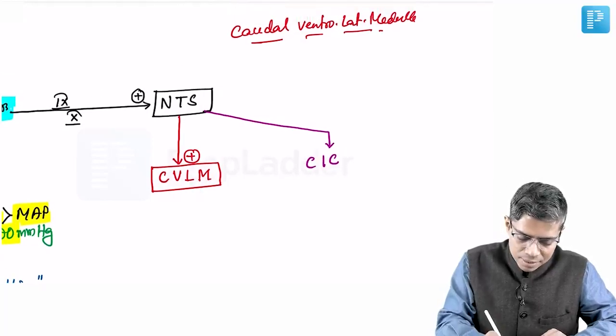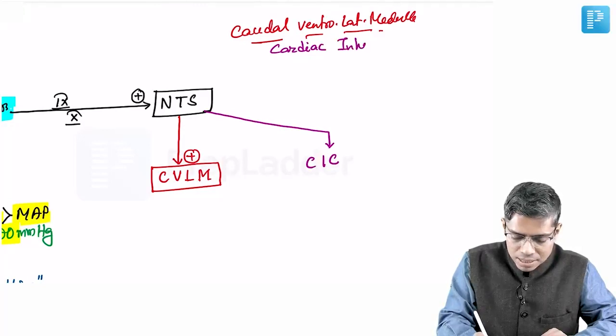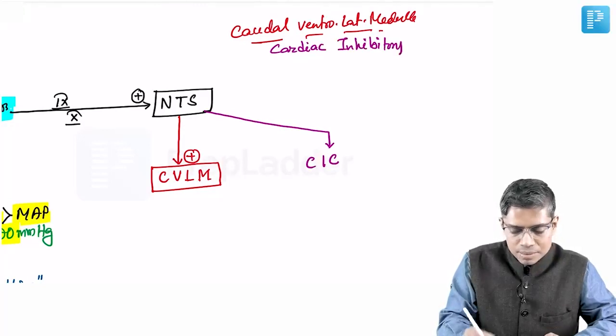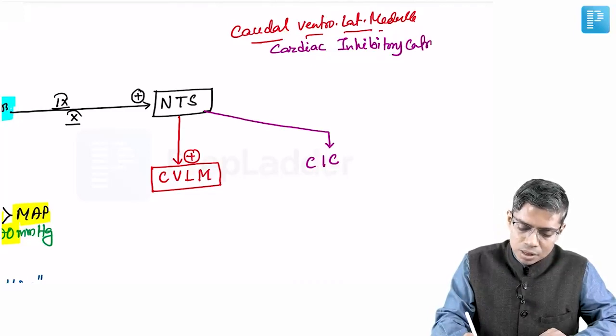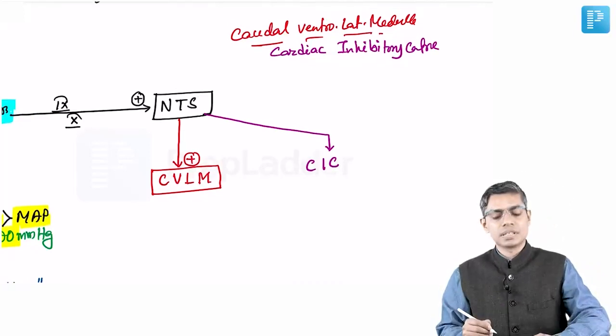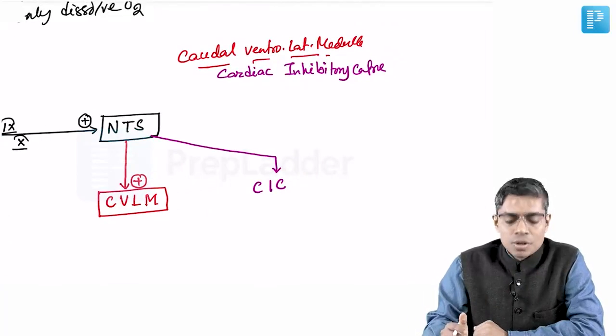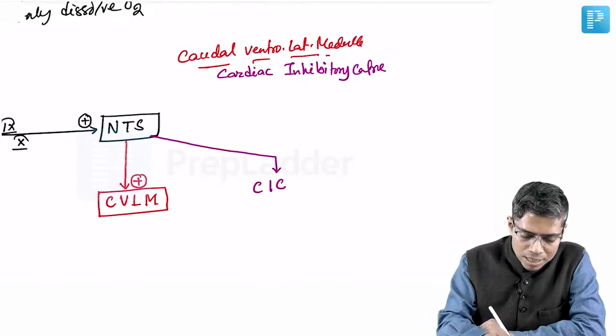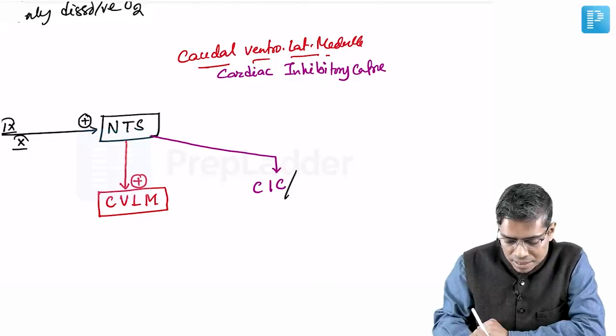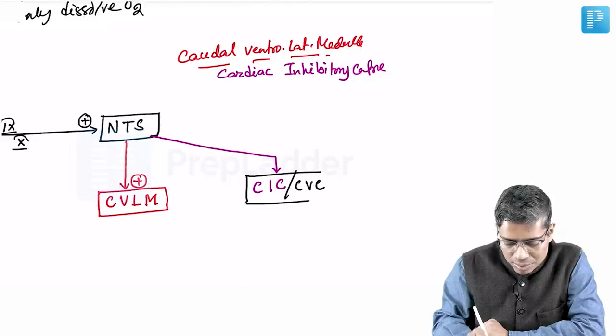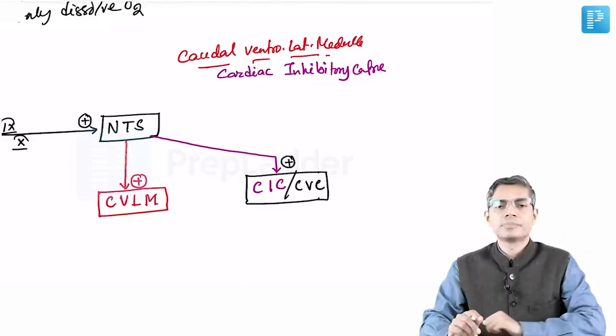CIC stands for cardiac inhibitory center. You know the heart is inhibited by the vagus nerve, so this center is also known as the cardiovagal center, or cardio inhibitory center. This center will also be stimulated, right?